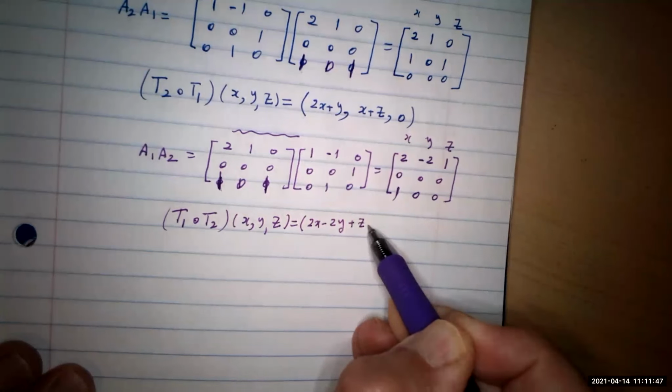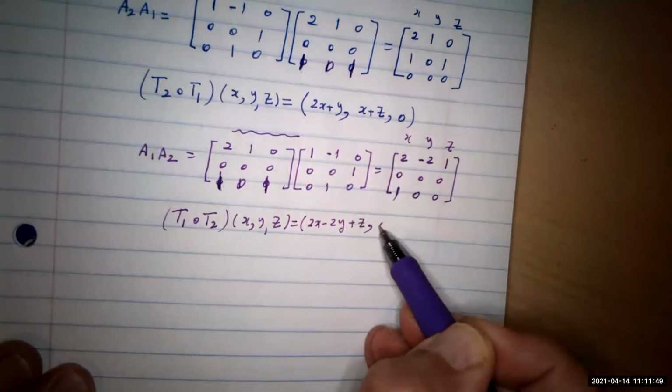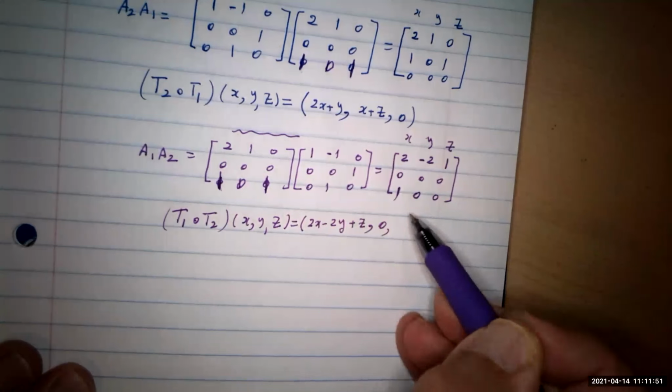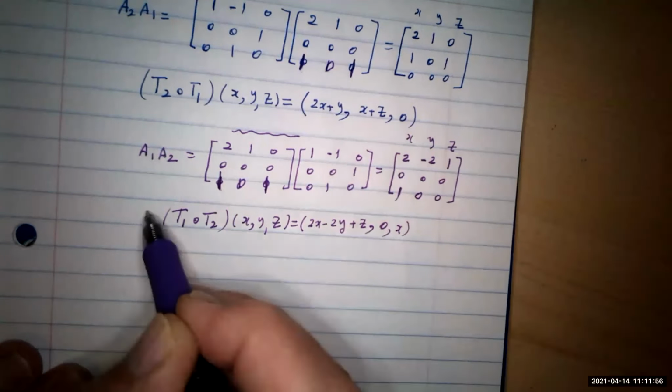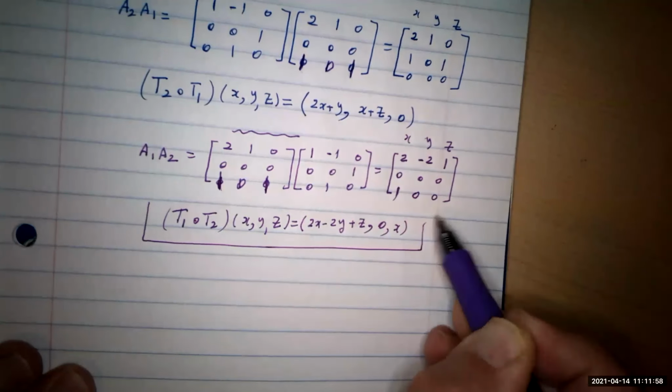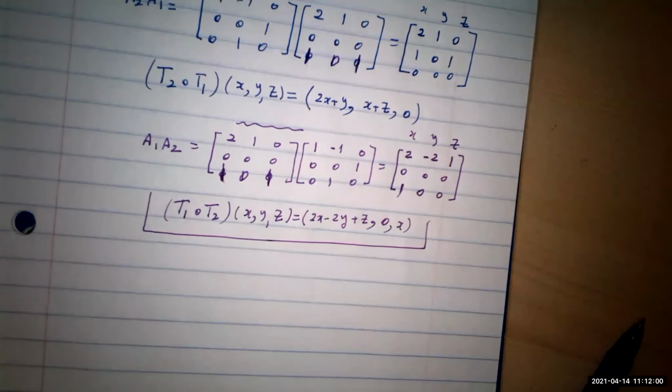That's the first one, comma. The second one, everything is 0. And the third one, you get only x. So this is going to be the composition of these two linear transformations.